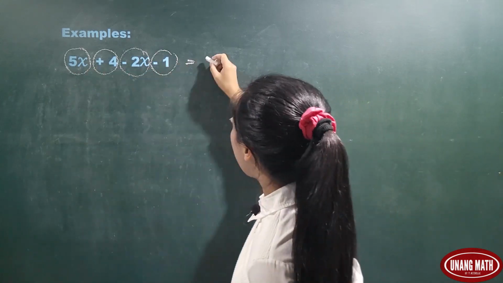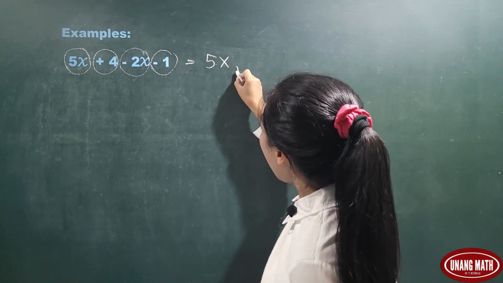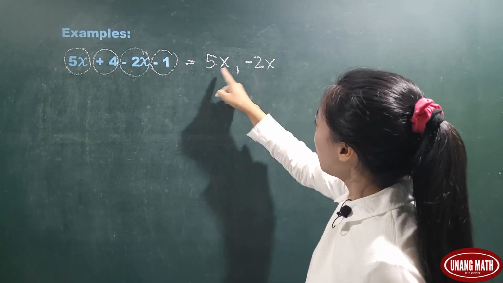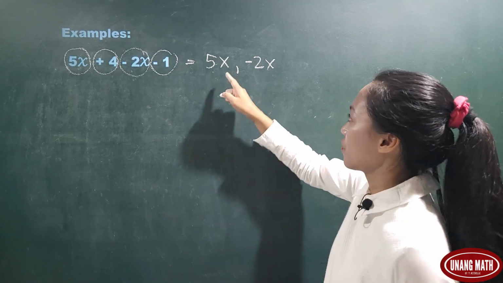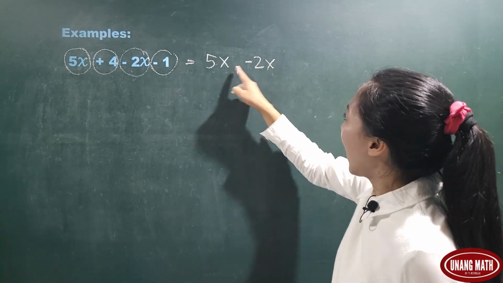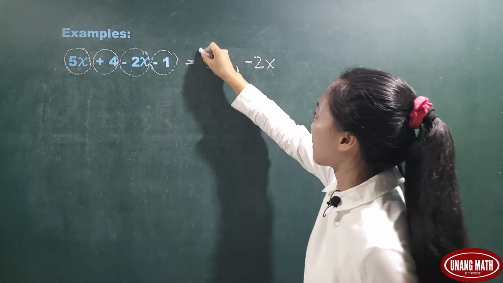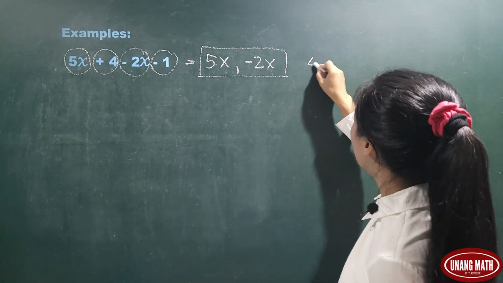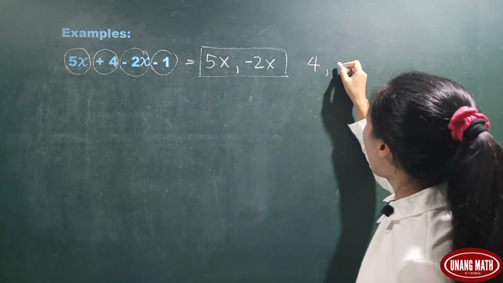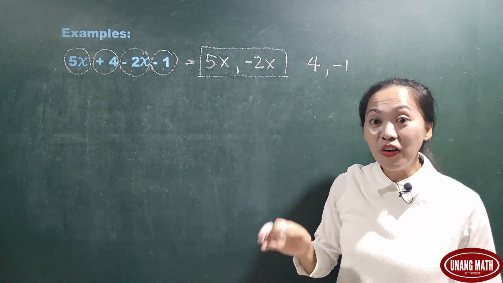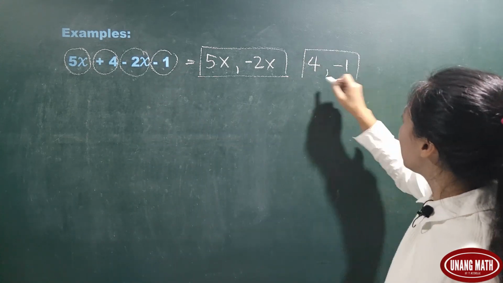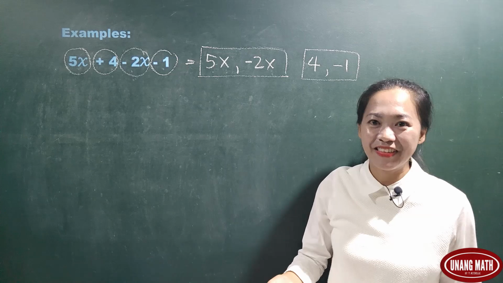We have 5x and negative 2x. These two terms are considered like terms. Same variable and same degree. What else? 4 and negative 1. These are constant terms in this expression, and these are considered like terms.